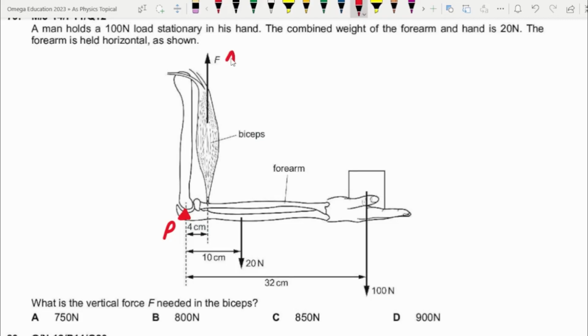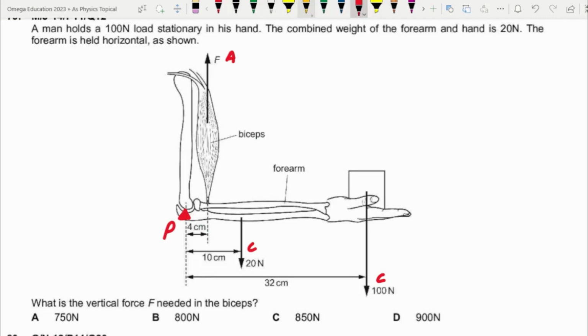So we can write A with it. 200 Newton. Around the pivot, it will rotate your arm clockwise. This one would also rotate clockwise. So we have pointed out the forces that would produce the rotation clockwise or anti-clockwise.